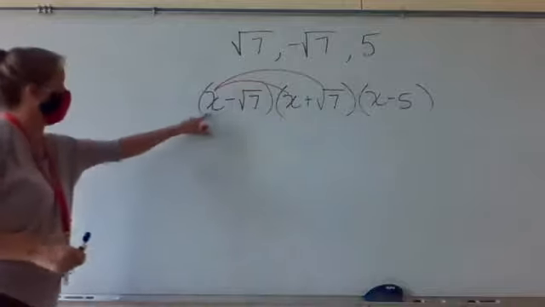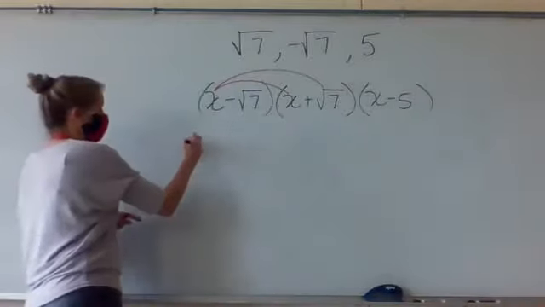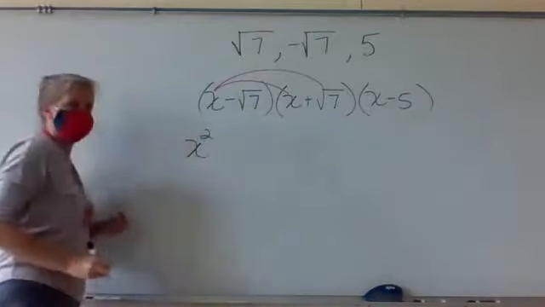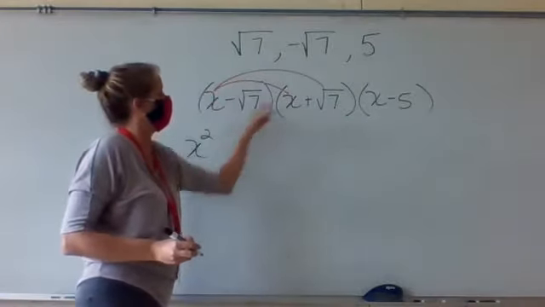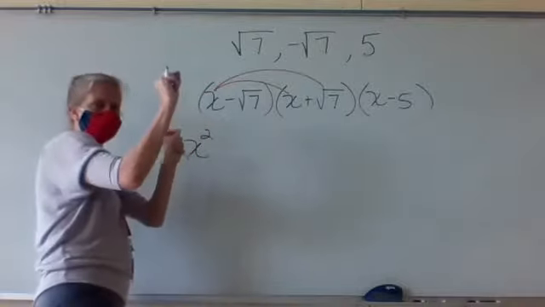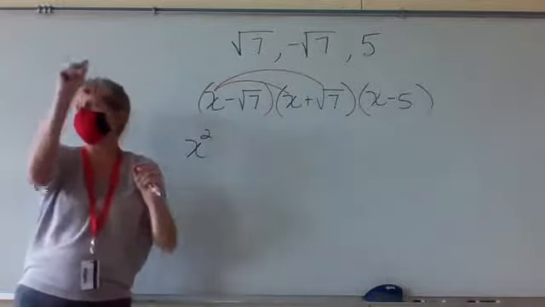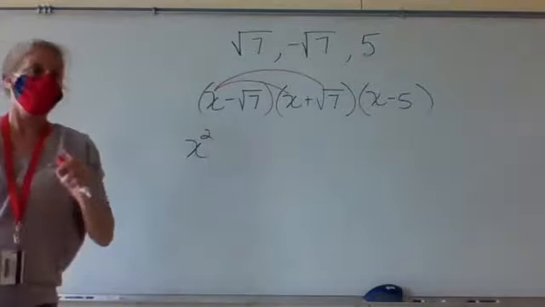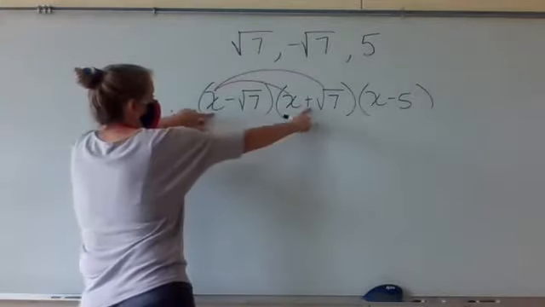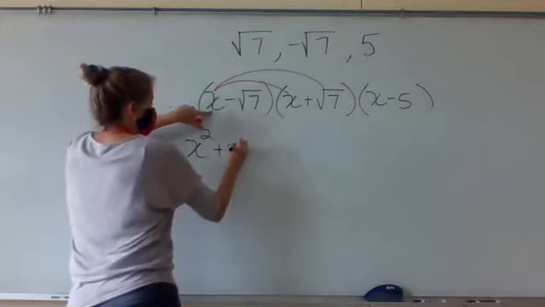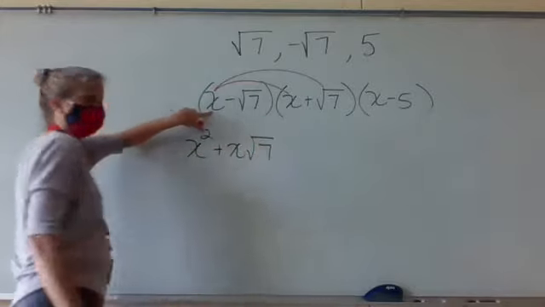So let's see, I've got x times x, which gives me x squared. X times the square root of 7. This x is not underneath the square root, right? It's not underneath the little radical symbol, which means I can't put it under there. I just have to keep it outside of it. So that's just going to be a positive x in front of the square root of 7.